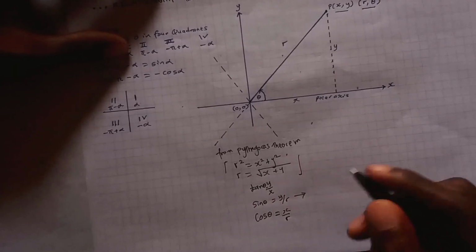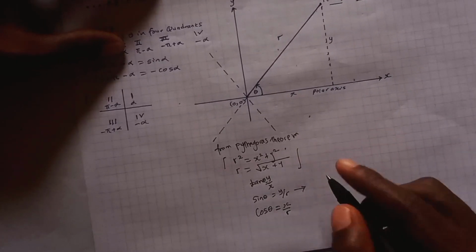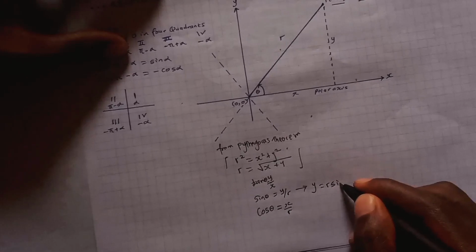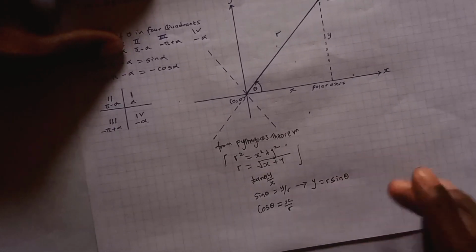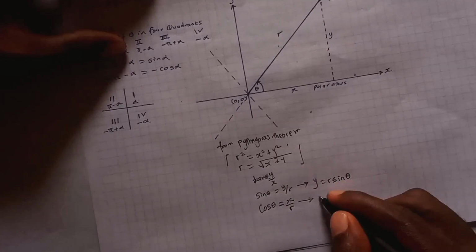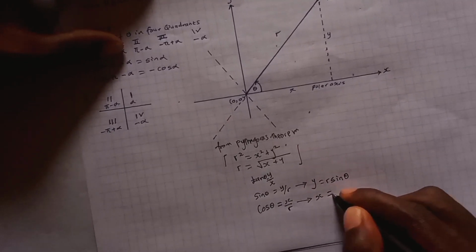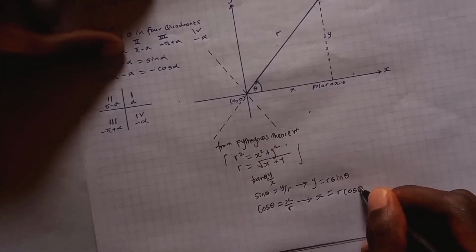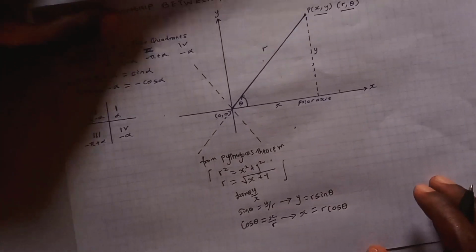From here, if we make y the subject of the formula, we have that y is equal to r sine theta. And if we make x the subject of the formula, we have that x is equal to r cos theta.